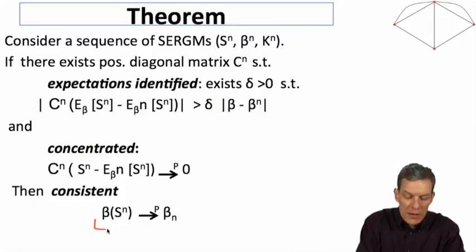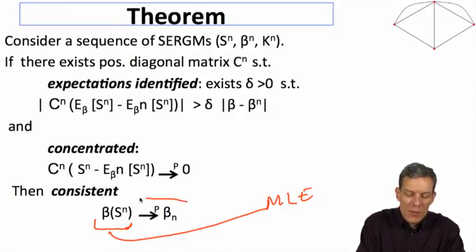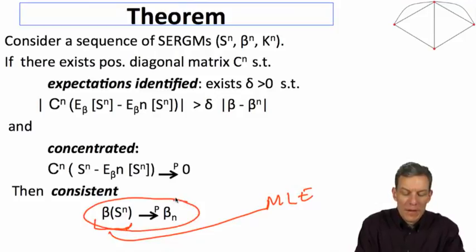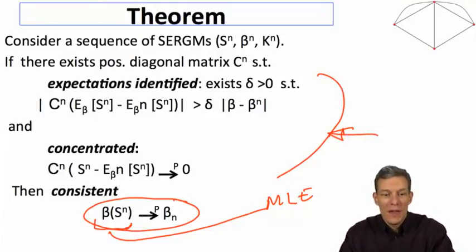So our maximum likelihood estimator, as a function of the statistic, will actually converge in probability to the truth if you've got these two conditions. Okay? So this is a theorem which now tells us that indeed maximum likelihood estimation can work for SERGMs as long as you've got this expectation identification and concentration.